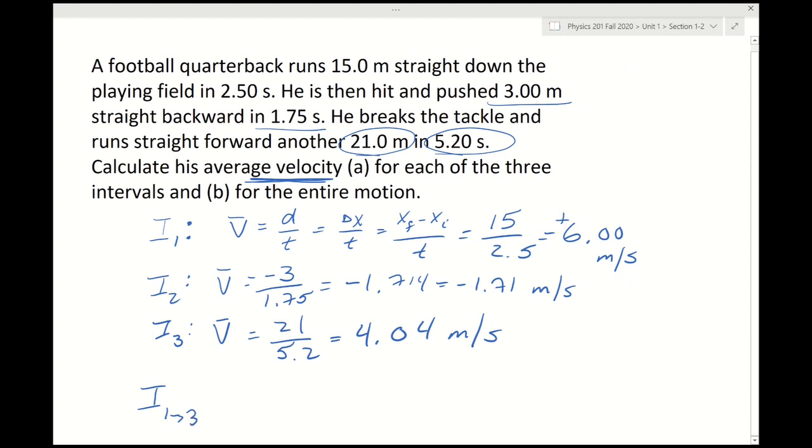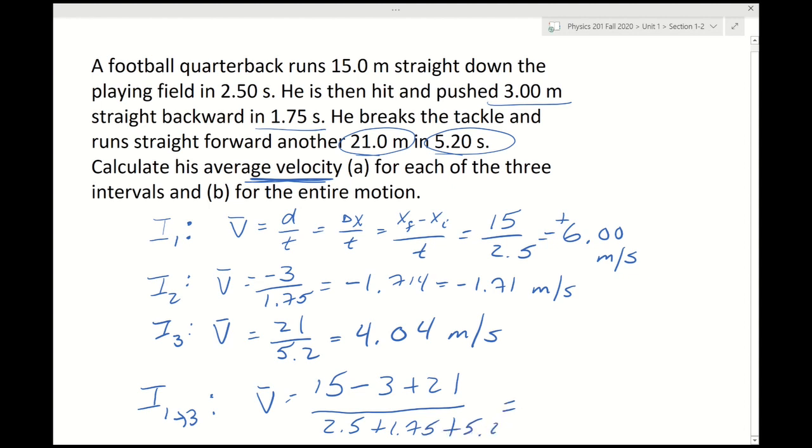Now, if you look at the entire motion, I1 through 3, we have a distance of 15 minus 3 plus 21 over 2.5 plus 1.75 plus 5.2.